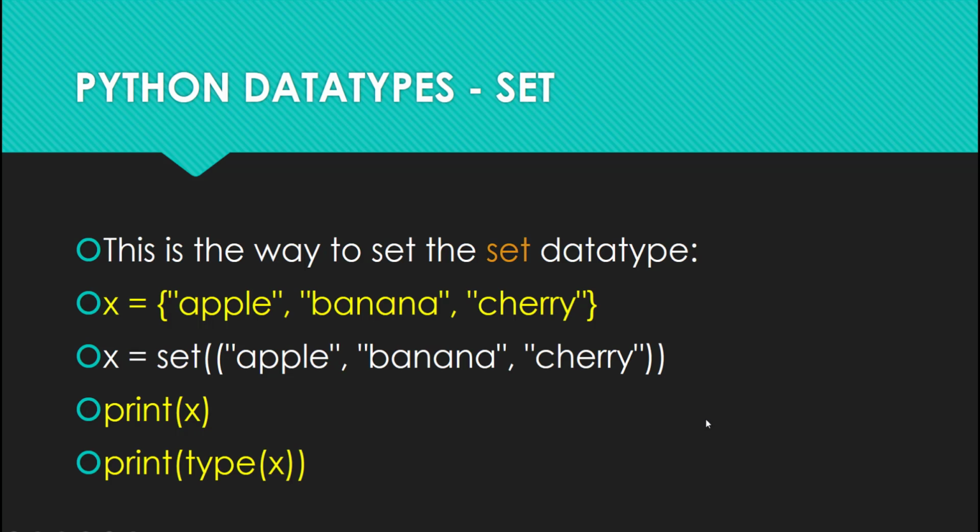So we have the set data type. It also uses curly brackets, doesn't have key value pairs in it, just the values separated by commas, and we can also express it this way using the set function and putting the value within the function to assign to X. So let's try it out.